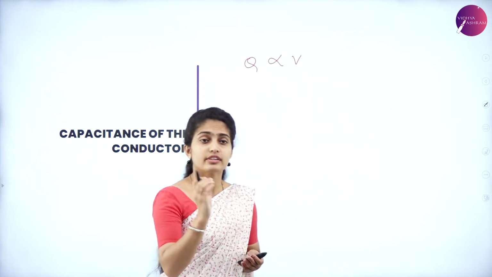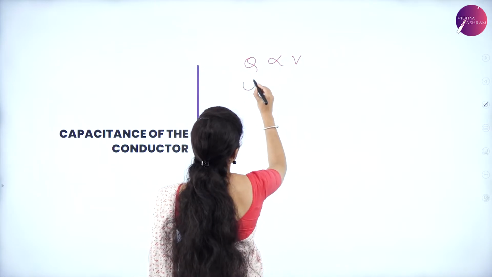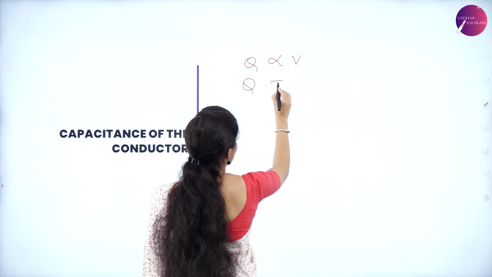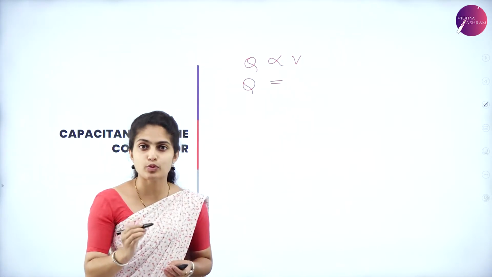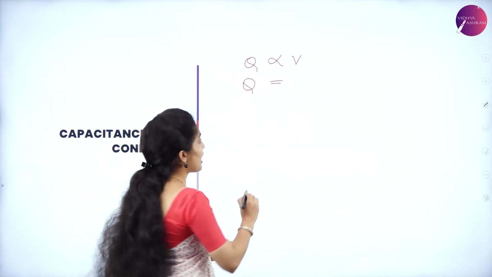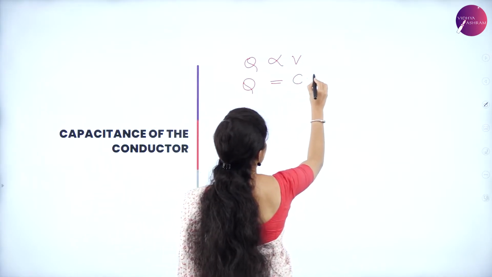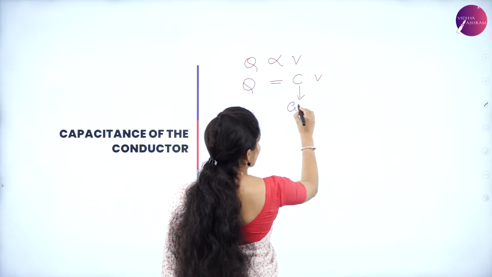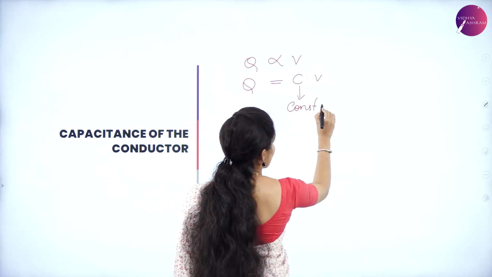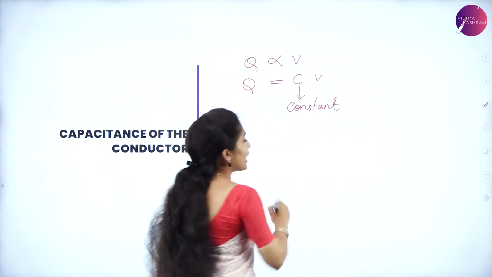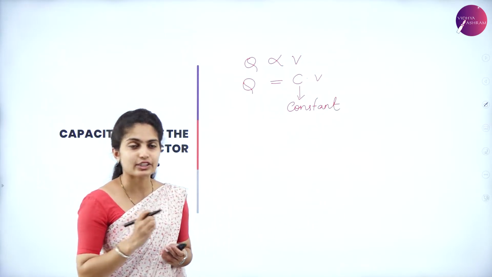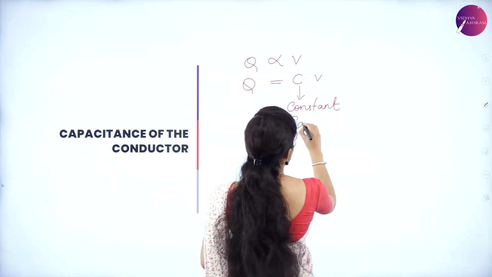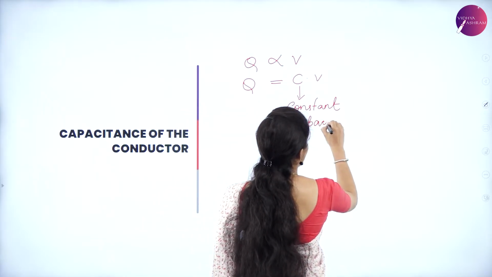So now the charge of the conductor, on removing the proportionality constant, is equal to C into V. C is a constant term, and this term is called capacitance.